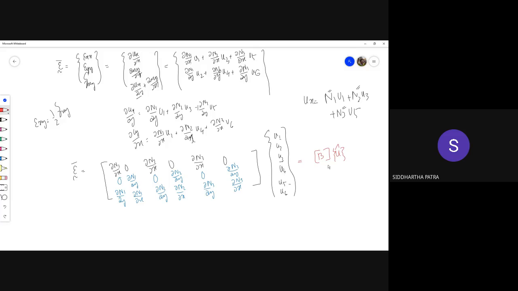The B matrix has the size of the number of components of strain times the total number of degrees of freedom within the element, eventually giving you a 3x1 strain vector.